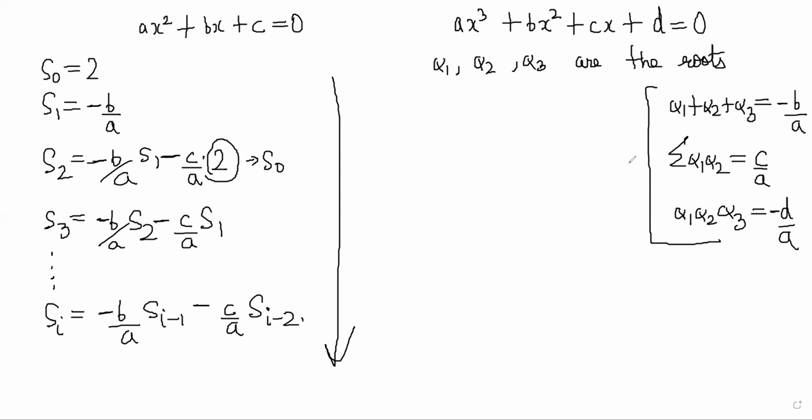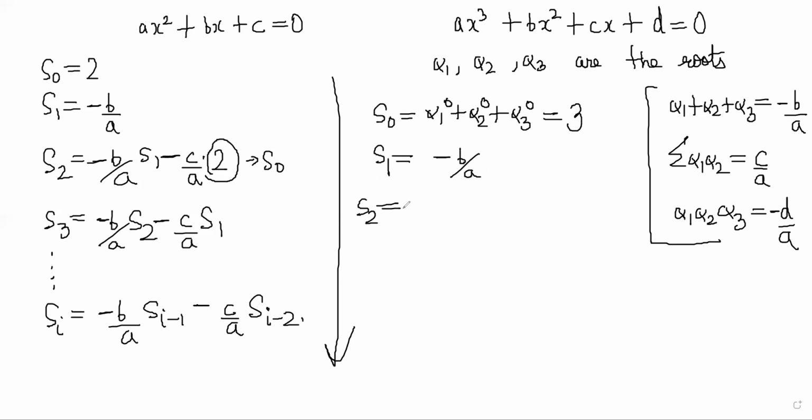Now we will try to construct our symmetric polynomial. S0 will be alpha 1 power 0 plus alpha 2 power 0 plus alpha 3 power 0, which will be simply 3. S1 is simply alpha 1 plus alpha 2 plus alpha 3, so minus b by a.